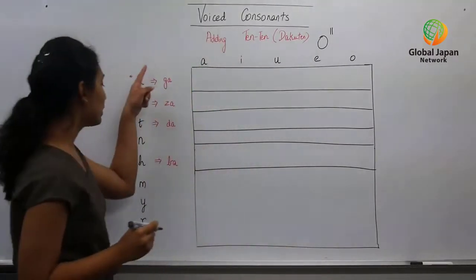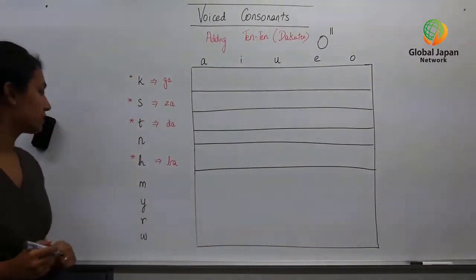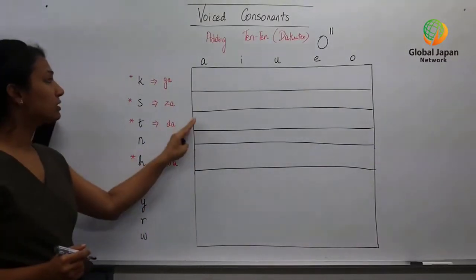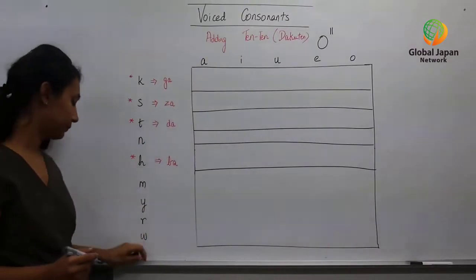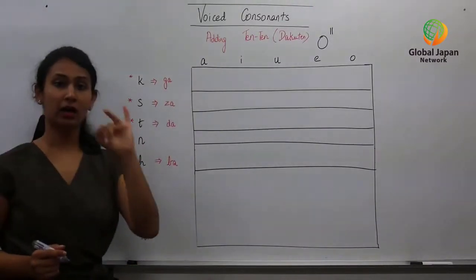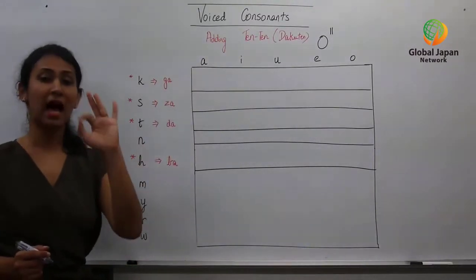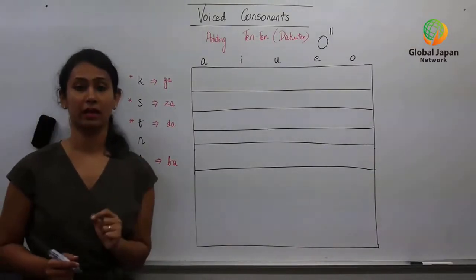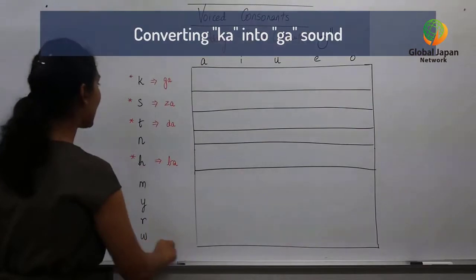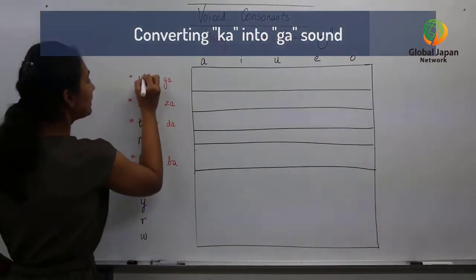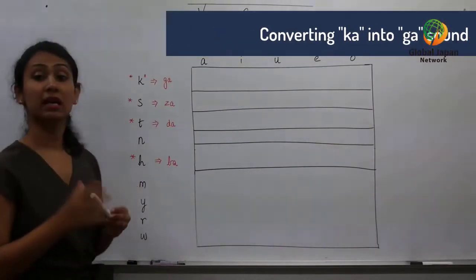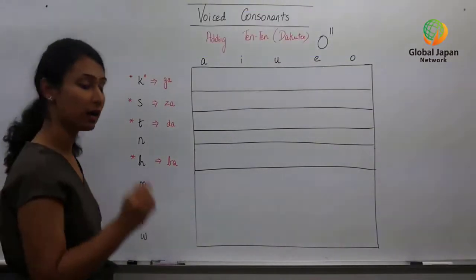Out of the consonants which we have already learnt, 4 of them can be converted into new sounds by adding tenten: the ka, sa, ta and ha lines. Starting with the ka line, if I add tenten to the ka character, it becomes ga.